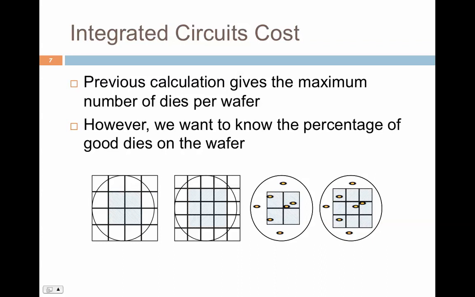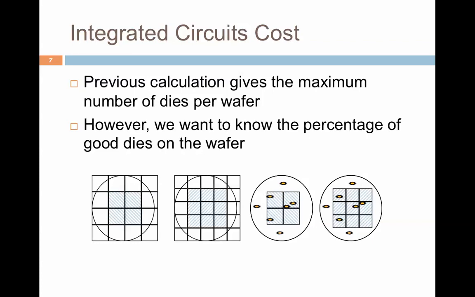So if you have a die with a bigger area, then you only have one working die. Whereas if you look at the same design with the 9 dies that we could create, we see that we have 1, 2, 3, 4, 5. So we could probably have 5 working dies here with the same defect density as opposed to the other one.